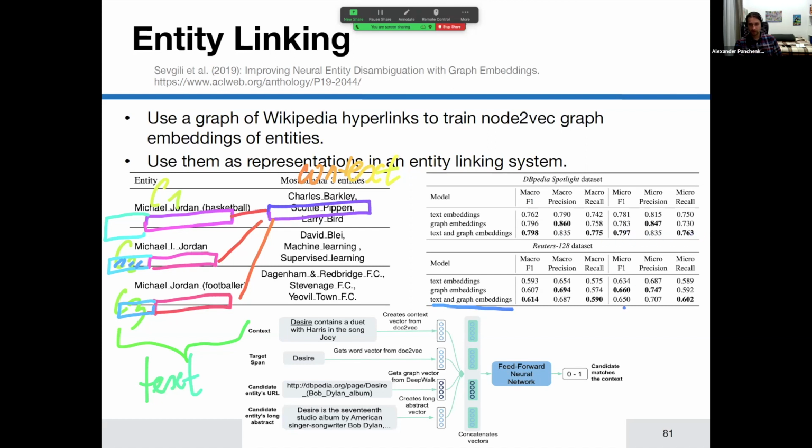What this really means is that these graph representations give you additional features, and the system is able to exploit both textual features and these graph features, and the prediction can be done more robustly. And in this case, the graph was actually a graph of Wikipedia entities connected by hyperlinks.